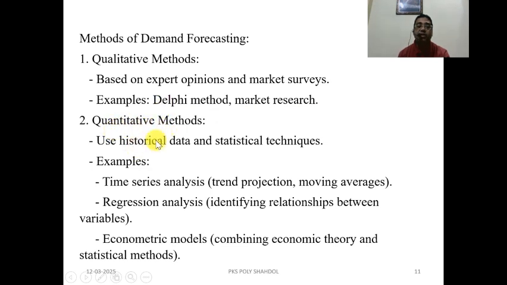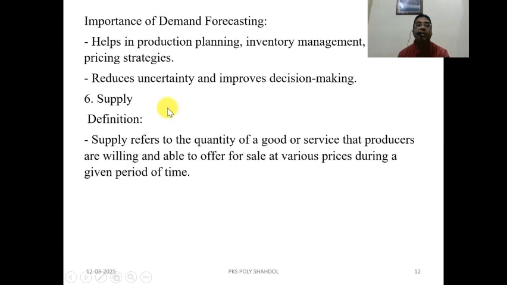Quantitative methods use historical data and statistical techniques, for example, time series analysis, trend projection, moving average, and regression analysis to identify relationships between variables. And econometric models combine economic theory and statistical models. Importance of demand forecasting: it helps in production planning, inventory management, and pricing strategy, reduces uncertainty and improves decision making.